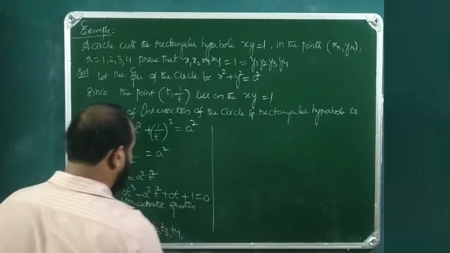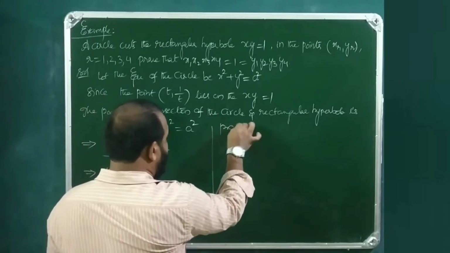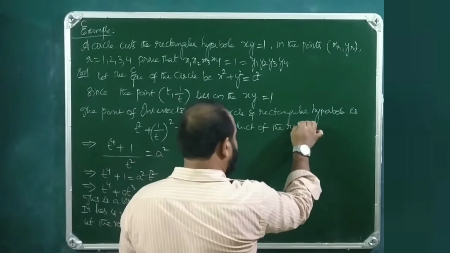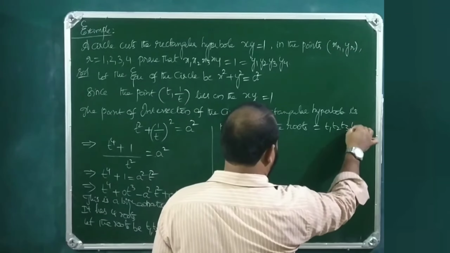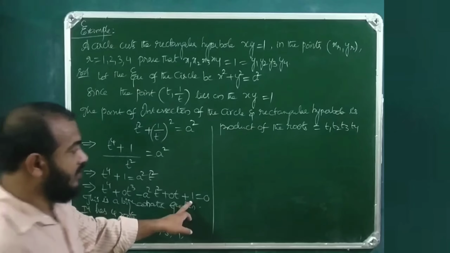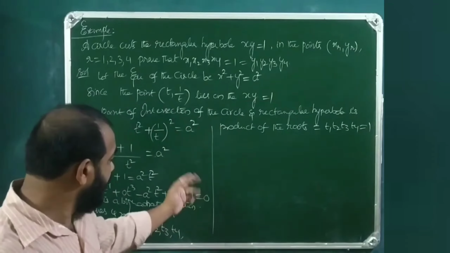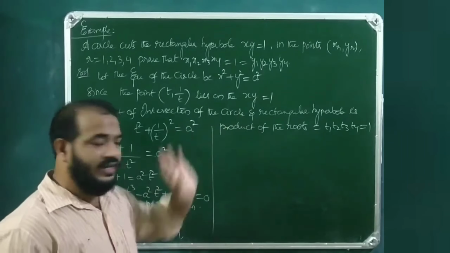So the product of the roots, T1 T2 T3 T4, is equal to 1. We have seen this in the theory of equations in part A.